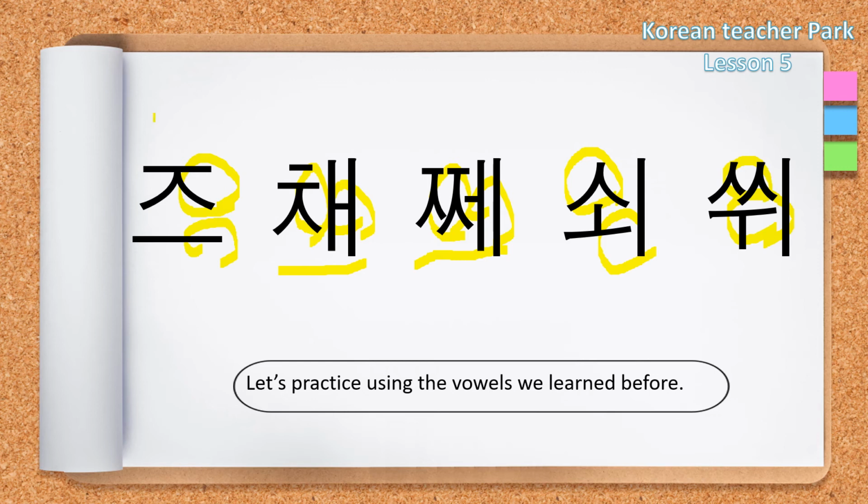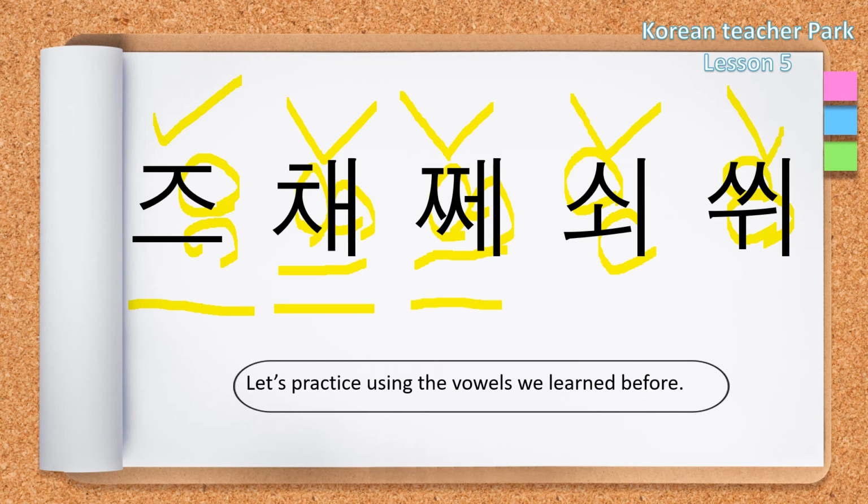Read again. 즈, 채, 째, 쇠, 쉬. Repeat with me. 즈, 채, 째, 쇠, 쉬.